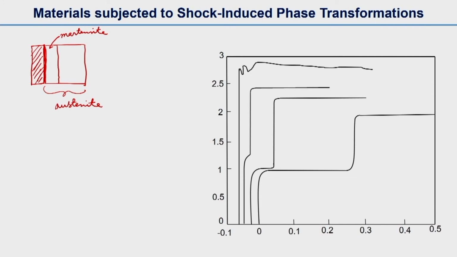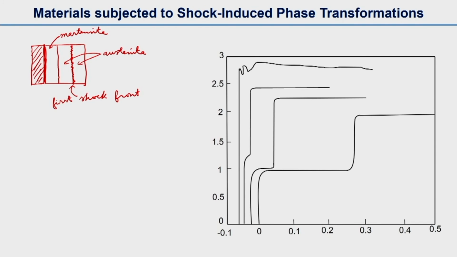Earlier it was austenite, so we will remove this. It is now transformed to martensite, and at that time the shock front will be somewhere here. This is our shock front. In this zone we still have austenite, and this is the first or regular shock front.